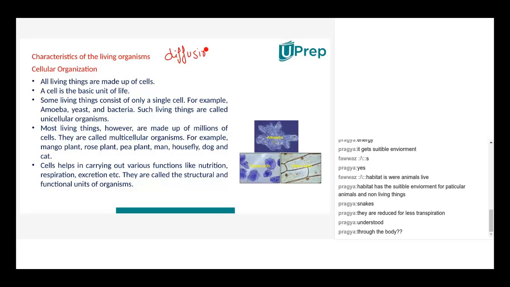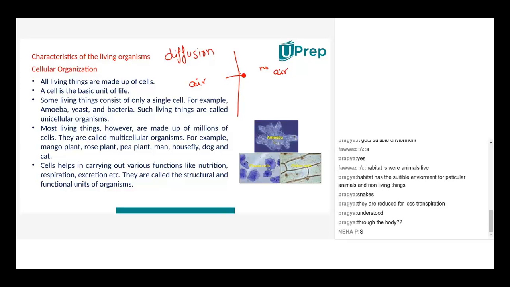I don't know how many of you remember. Diffusion is basically when there is a semi-permeable membrane and there is air outside and there is no air this side. So inter-exchange of gases can happen through this semi-permeable membrane.